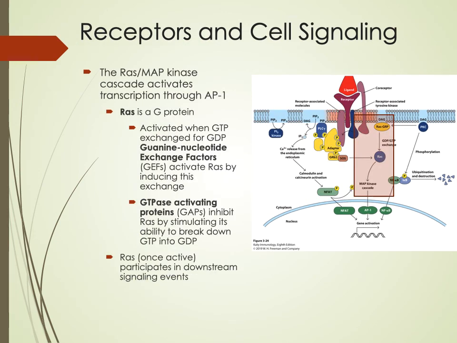We can also have RAS or MAP kinase cascading activation. So here we have RAS acting as the G protein, and when it becomes activated, it causes further downstream activation of MAP kinase.